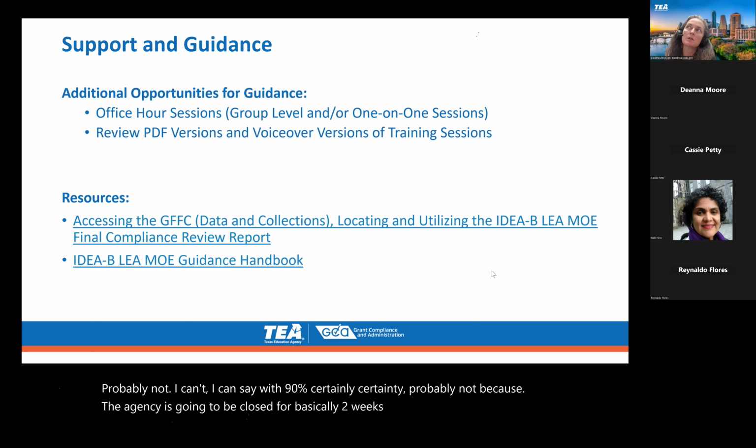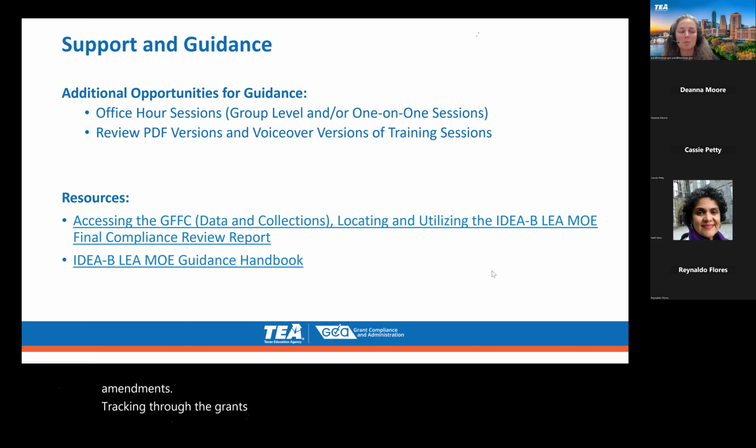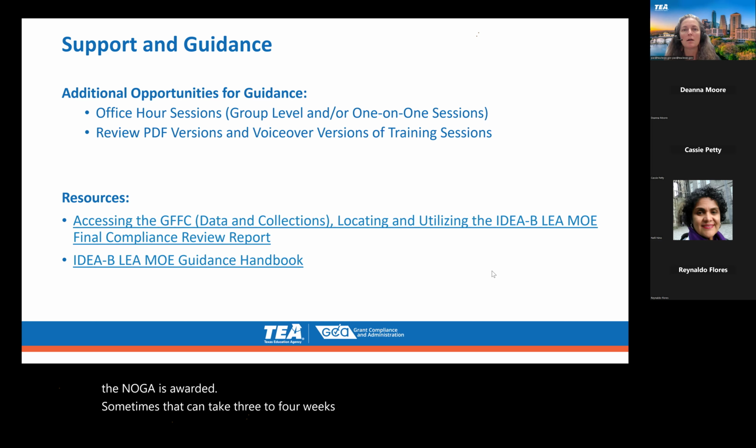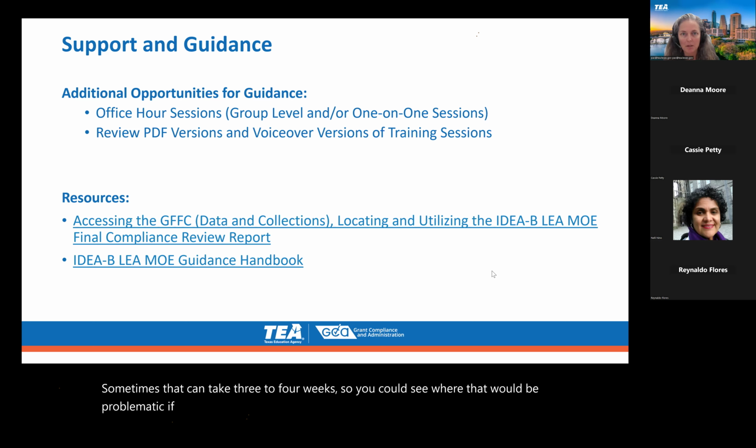And sometimes those amendments, tracking through the grants administration system all the way to submission to when the NOGA is awarded, can take 3 to 4 weeks. So you could see where that would be problematic if you are submitting something today and then it gets into their system.